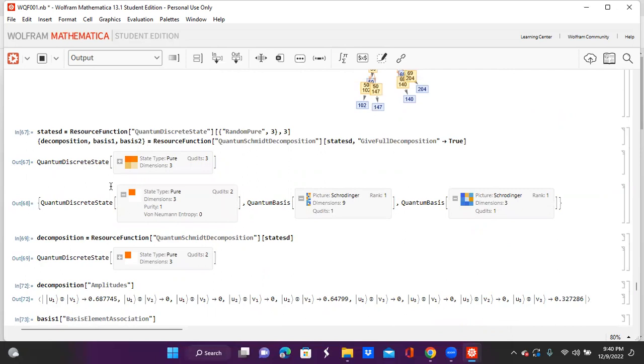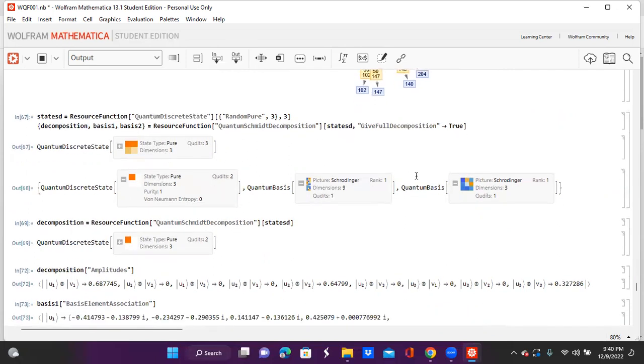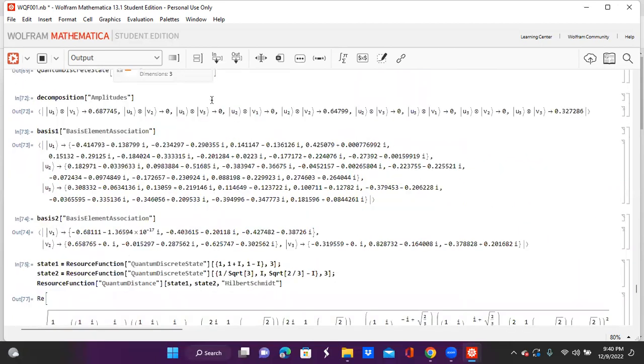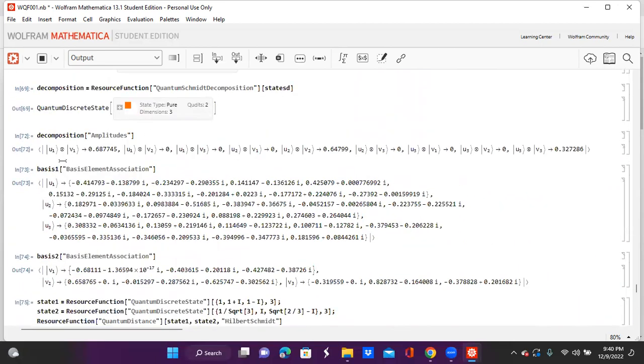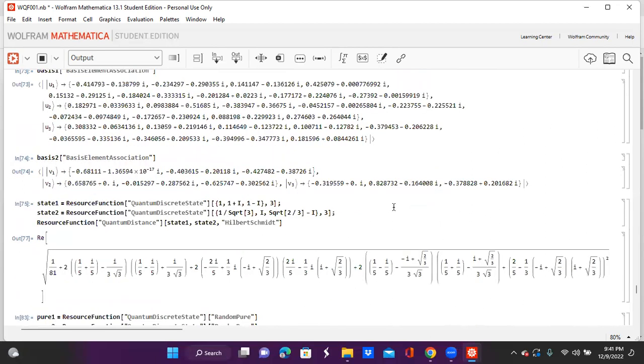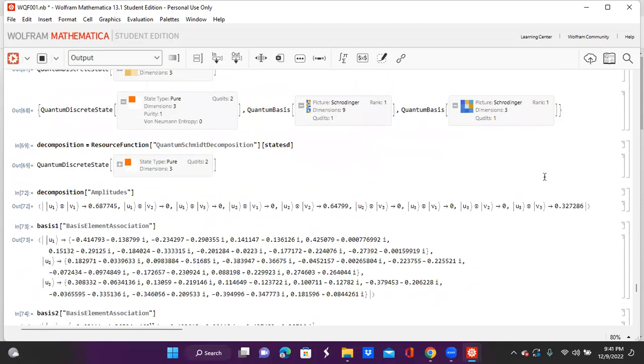This is a good example of taking a state and decomposing it back out to its origin basis states, and then asking for the amplitudes. Right. The element associations for it. And then the second basis. Not this basis, but that one.